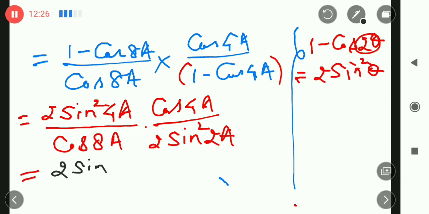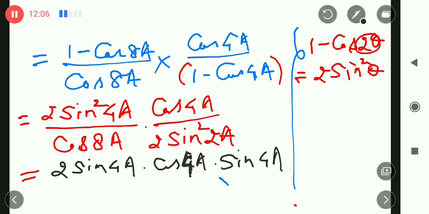So can we write 2 sin 4a and then cos 4a, and then we will write again sin 4a, because here was sin square 4a.